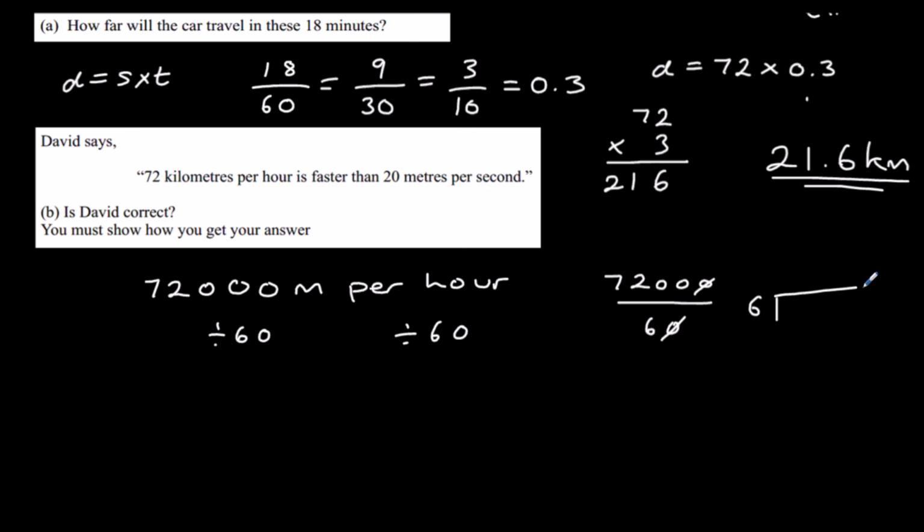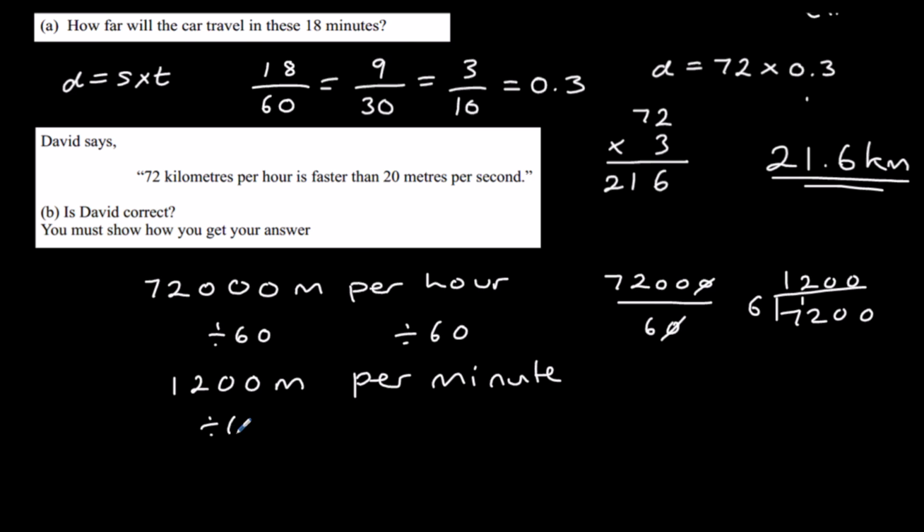So how many 6's go into 7,200? 6 goes into 7 once. 6 goes into 12 2 times. So it's 1,200 meters per minute. And then to work out how far we go in a second, divide by 60 again.